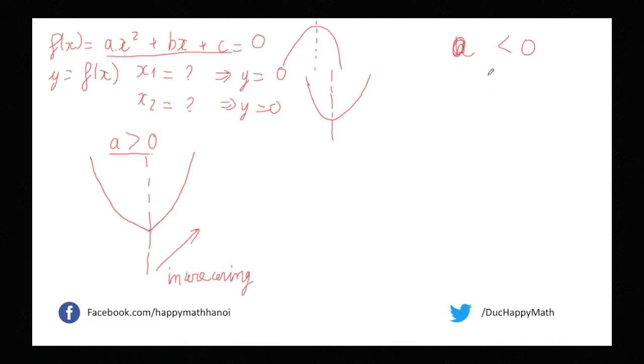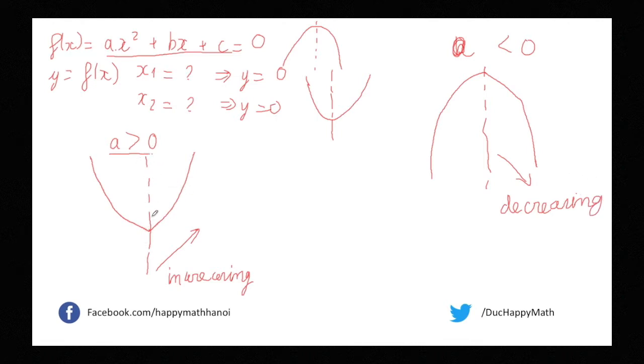And when a is less than 0, the right-hand part of the parabola has to be decreasing. So this one will be decreasing. And how about the line in the middle?